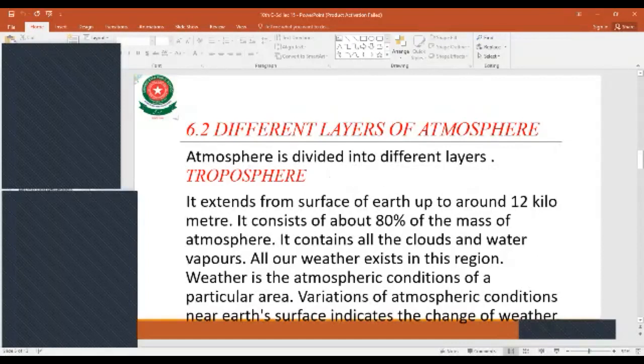All weather exists in this region. Weather is the atmospheric condition of a particular area. Its height is about 12 kilometers from the earth.